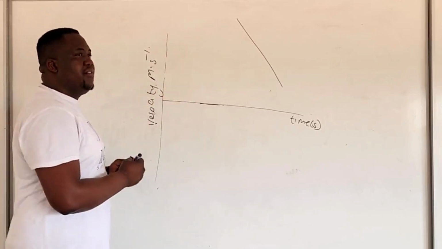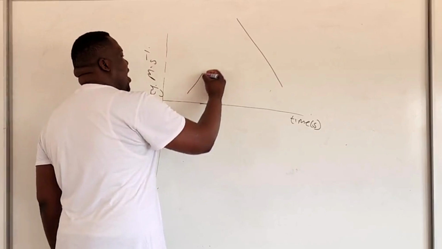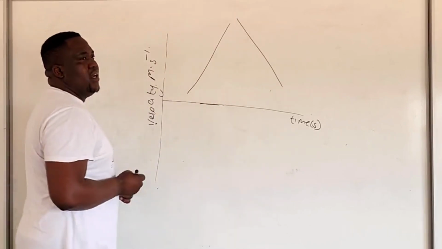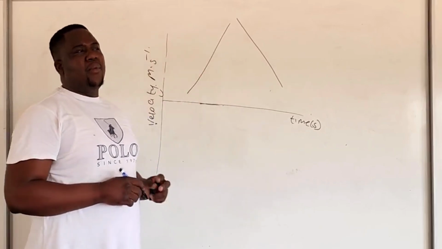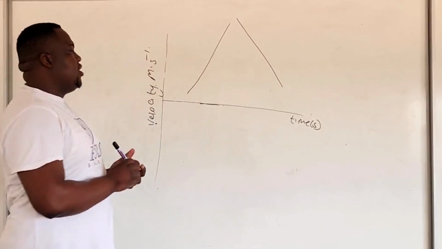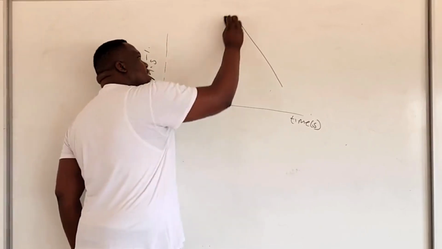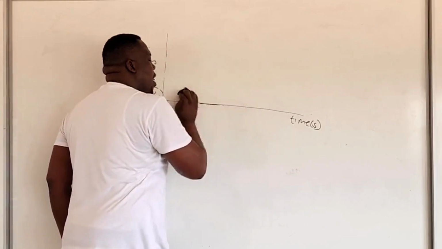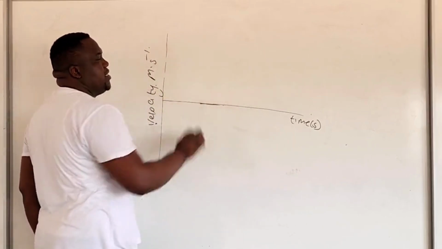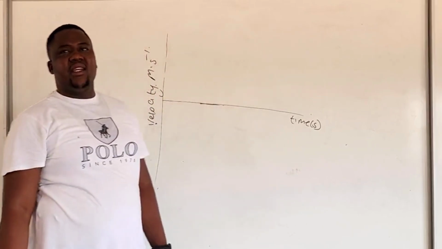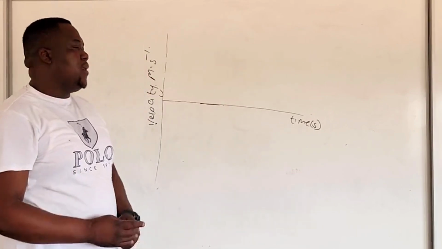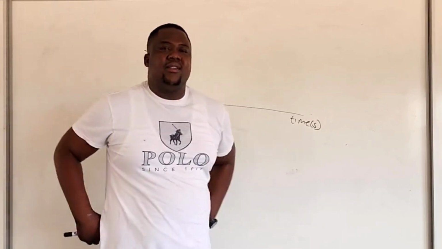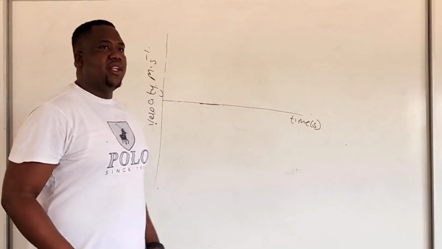It doesn't mean that if I draw a line that is moving up like this, I'm saying an object is going up. This is not a position time graph. The manner in which you draw the lines does not represent anything. So now we can start.